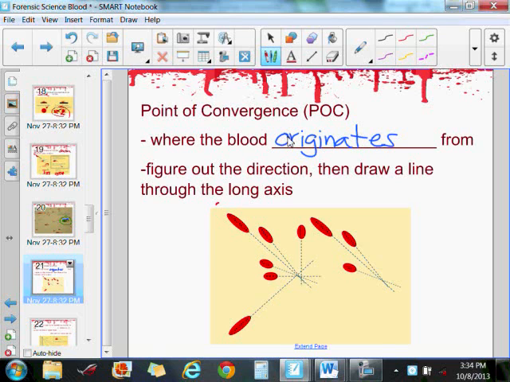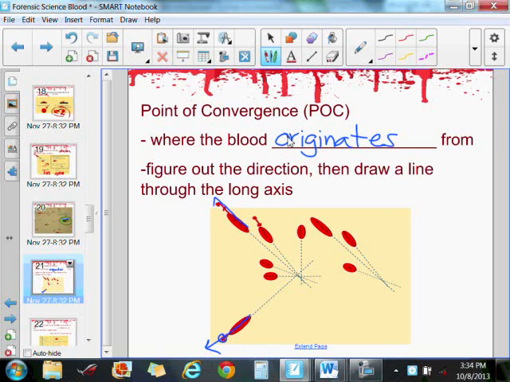So for example, if you have some blood droplets, the first thing you want to do is to determine the direction that the blood was traveling in. So if you have some blood stains here, you would see little droplets coming off of that. So what you want to do for the blood spatter, if you isolate a drop, is determine what direction it is by using those tiny blood spatter stains. So this blood stain was traveling in this direction.